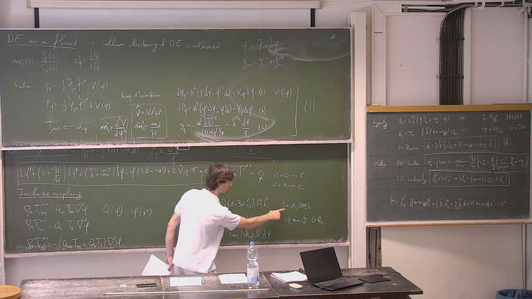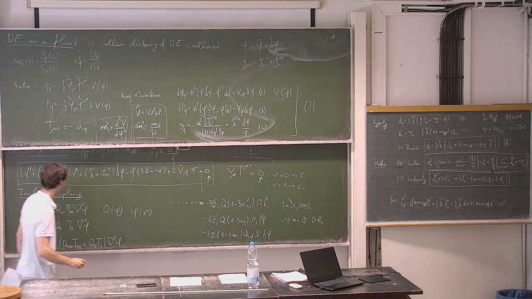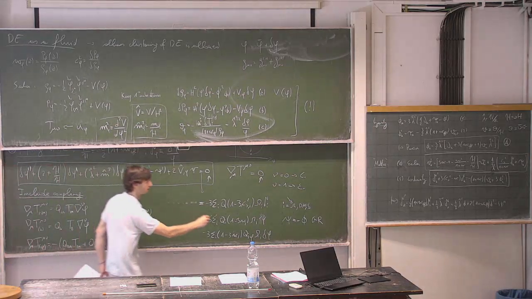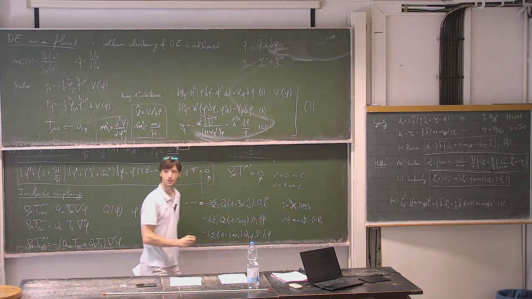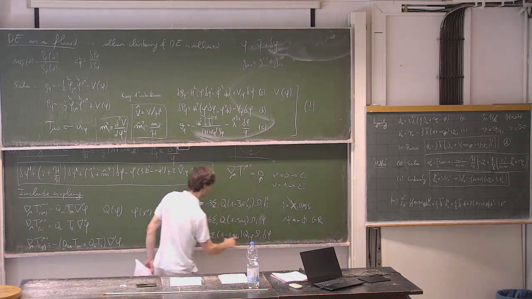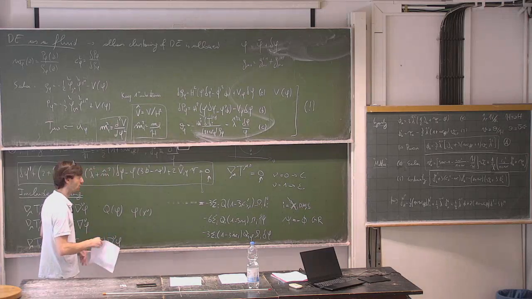But remember, for radiation we had the trace of the energy momentum tensor, which for radiation is 0. So you don't expect any contribution on this side for radiation. So only dark matter and baryons. So you have this equation summed twice.